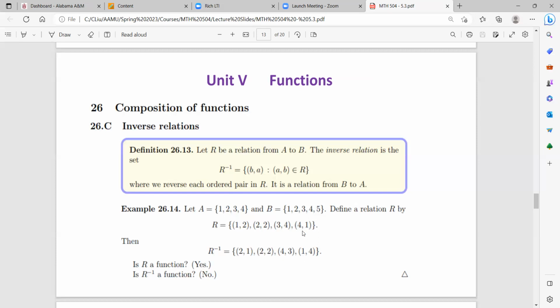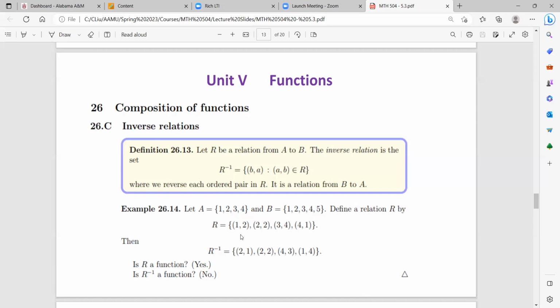So you can see, just switch the numbers in each pair, right? And so obviously the relation will be from B to A, because now elements in B become the first coordinate, and the elements in set A become the second coordinate.